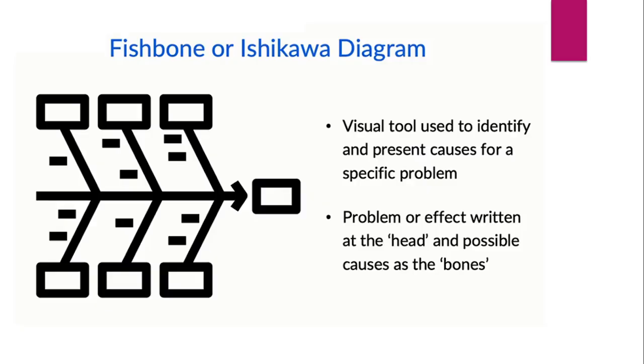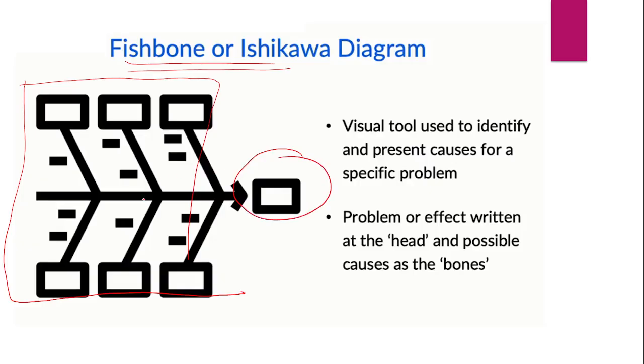The next one is the fishbone or Ishikawa diagram. What is the meaning of the Ishikawa or fishbone diagram? If you see the structure, it looks like a fish. This is the body of the fish and this is called the head of the fish. It looks like wings. It is a visual tool used to identify the causes of a specific problem.